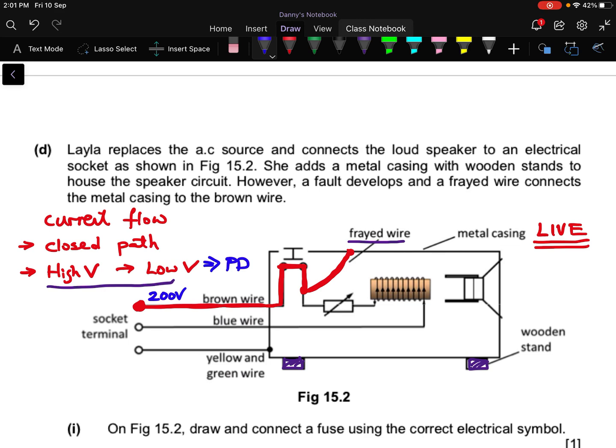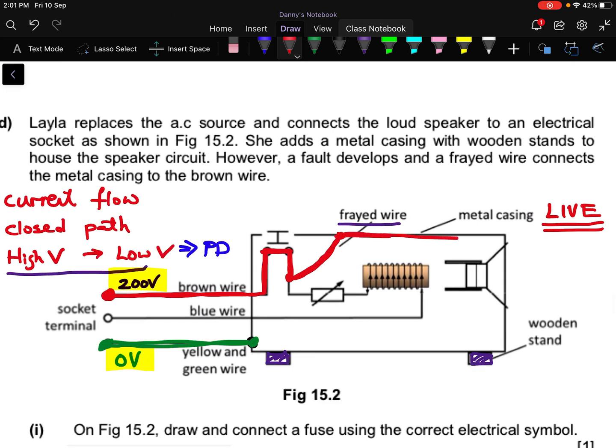Hence, in your answer, you need to tell me that the casing is connected to the earth wire, and the earth wire will connect it to a terminal with 0 V. So when you have a high voltage to a low voltage, then you can tell me that the current will flow through the casing and then go to the earth wire, and from the earth wire go to the 0 voltage.